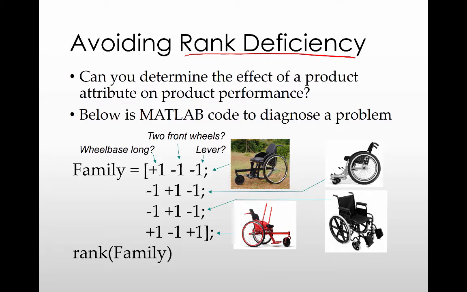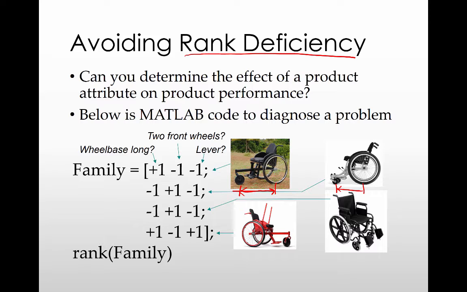Now, in rank deficiency, I want to give you a very concrete example. Let's look at 4 different wheelchairs that one might propose as a set of products as a product family. And let's consider a representation of this where each row represents a wheelchair and each column represents a product attribute of those wheelchairs. So consider the wheelbase being long. Here is a wheelchair with a long wheelbase, and here is a wheelchair with a relatively short wheelbase.